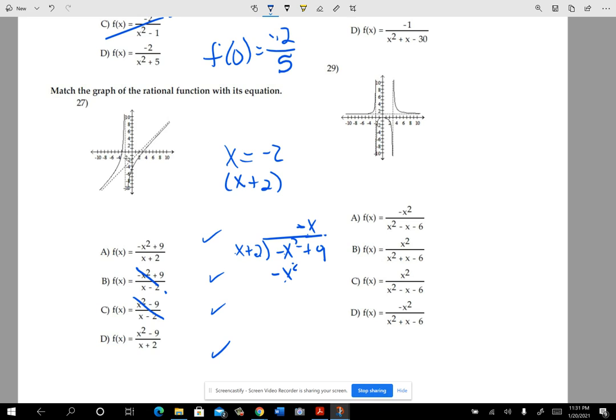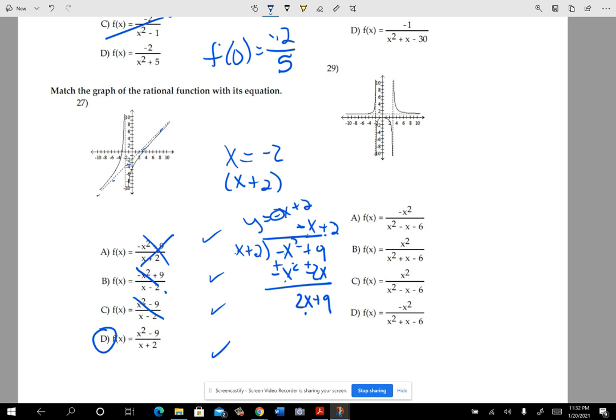So you'd have negative x squared minus 2x. When you change the signs, that would become 2x plus 9. And then you'd go again and you'd get x into 2x 2 times. So you'd wind up with your slant asymptote being y equals negative x plus 2. So see how it's a negative slope? The slant asymptote right here should be falling. So that guy's out. It's this one.